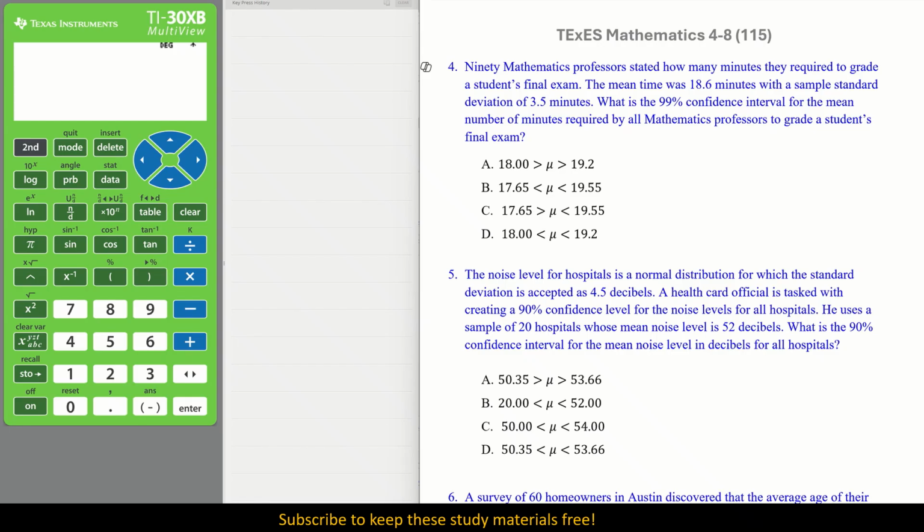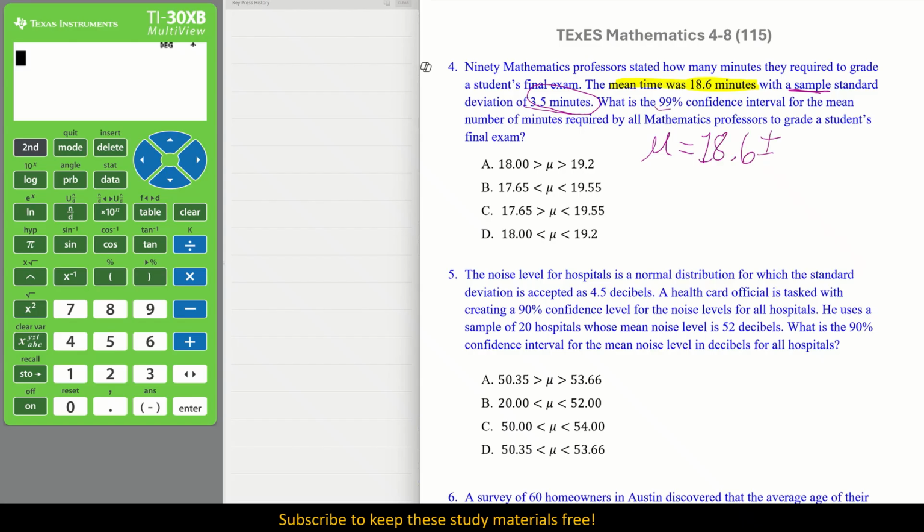Okay, some things I need to know. First, let's pay attention to this. That's our mean, and this is our S that we needed.